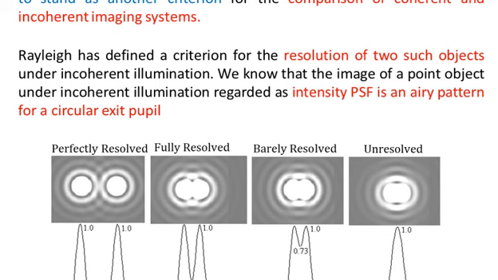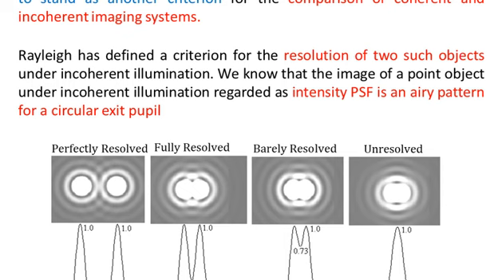We know that the image of a point object under incoherent illumination, regarded as the intensity point spread function, is an airy pattern for a circular exit pupil. So if we have a point source illuminating a circular exit pupil, then the image will be an airy pattern.